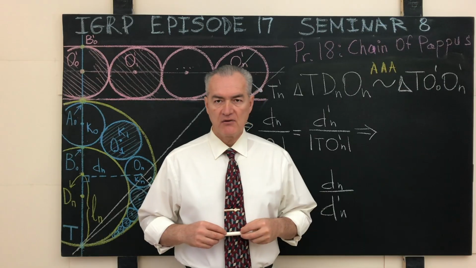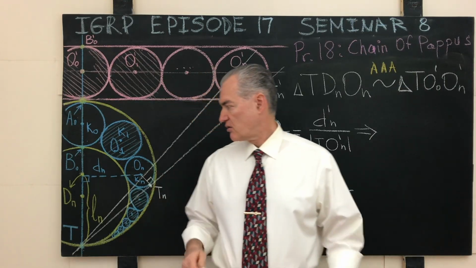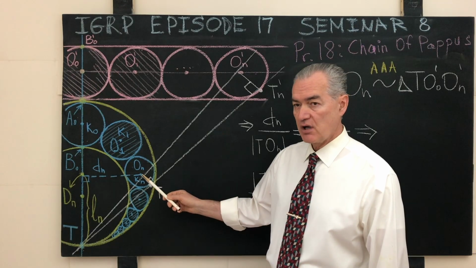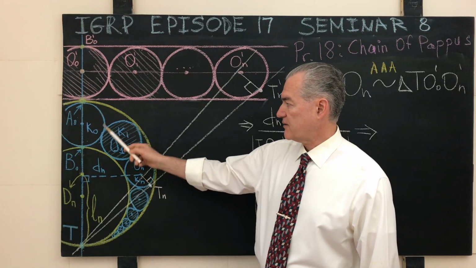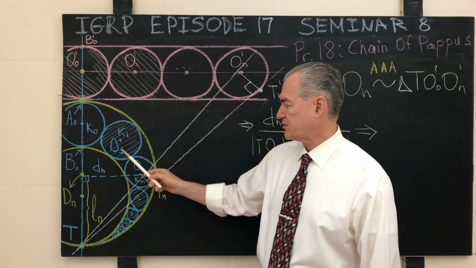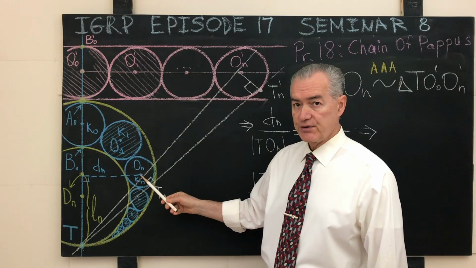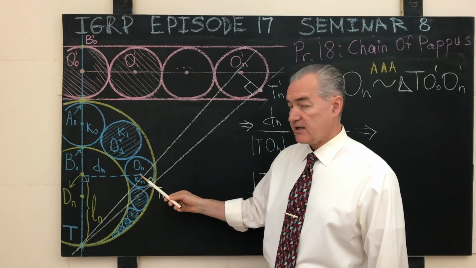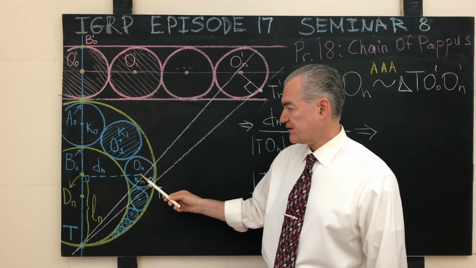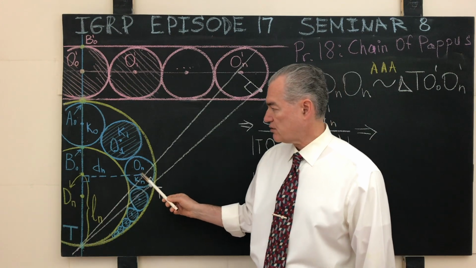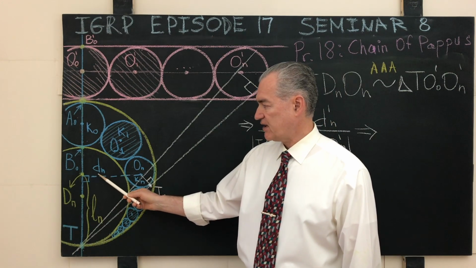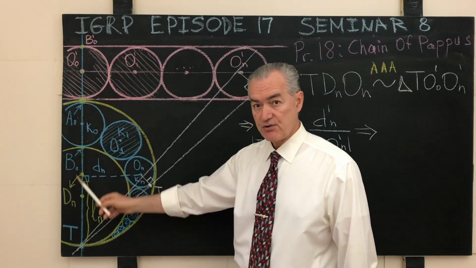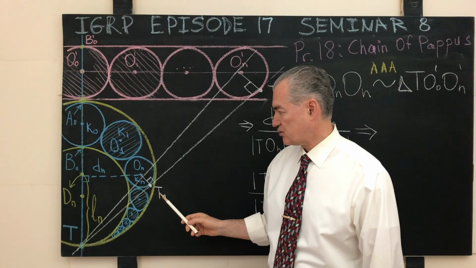In addition to recovering the radius of the nth inscribed circle as a function of the radii of the input generating circles and its ordinal position, in my solution we will also recover the distance of the center of the nth inscribed circle, which I refer to as dn, to the straight line of centers that passes through the centers of the input generating circles.